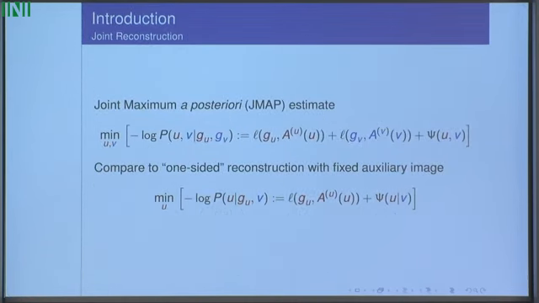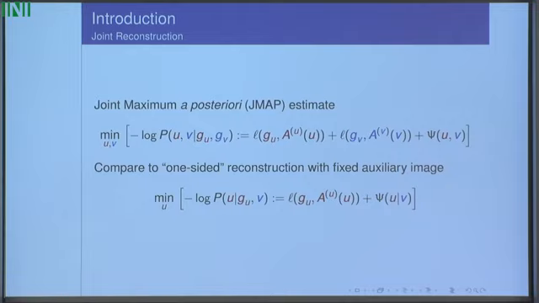So the idea in the joint reconstruction is that we define a joint maximum a posteriori estimate, which we write as this. So we want to minimize over both images U and V the negative log of this joint probability of obtaining UV given the data GU and GV. Now if we ignore for this moment the joint correlation of the data, that's usually reasonable.